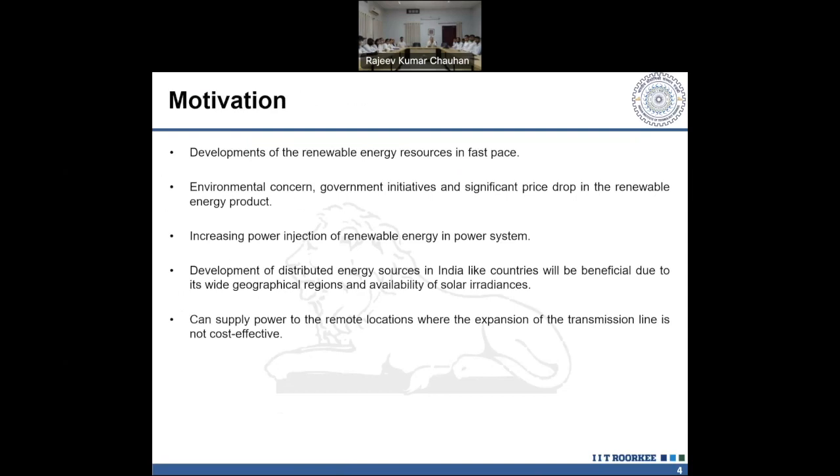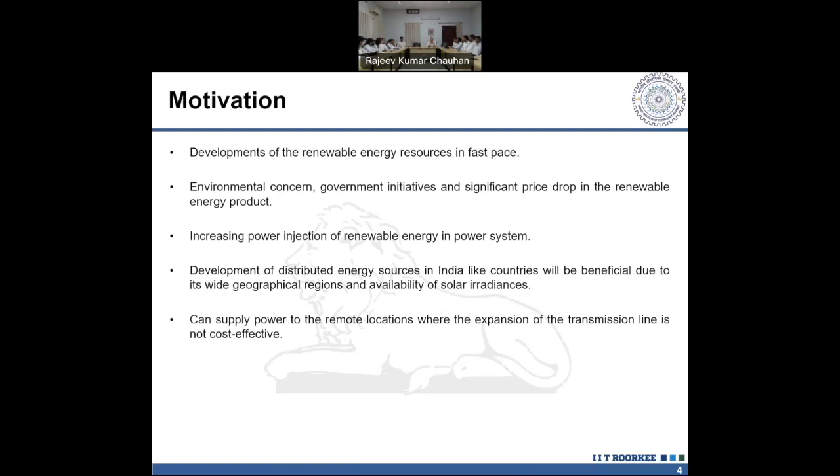The motivation behind such grids is the development of renewable energy resources at a very fast pace. Within 10, 15 years, if I compare the cost of solar panels, 15 years before the per unit cost was coming out to be 15 to 20 rupees.